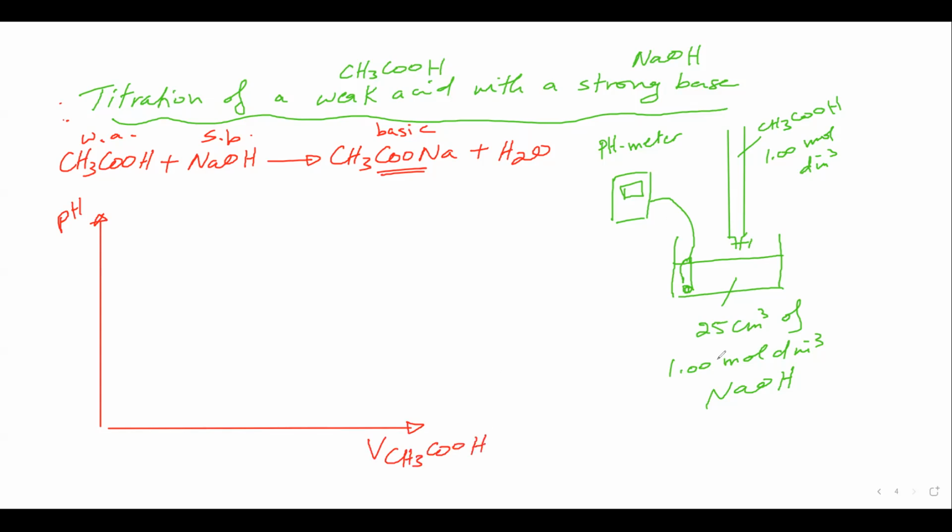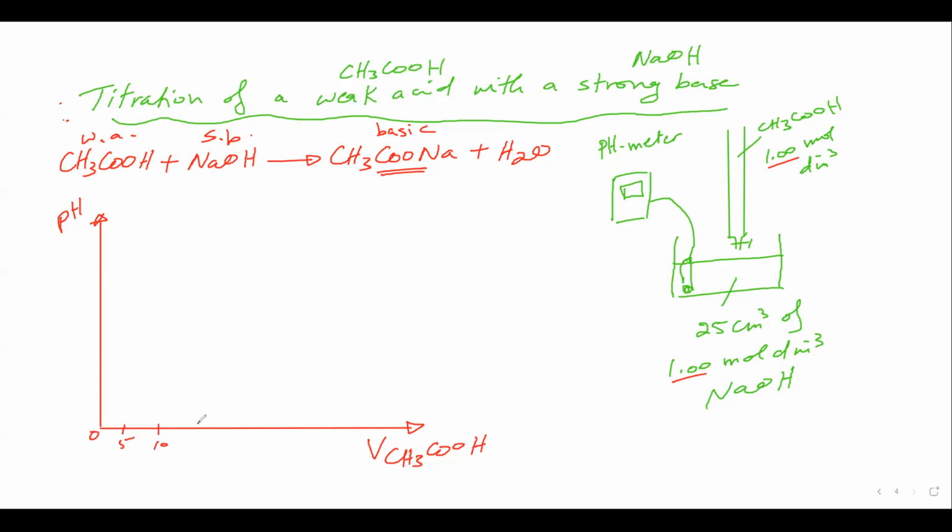And since here we are using the same concentration of sodium hydroxide and ethanoic acid, and as the mole ratio is 1:1, what will be the volume of ethanoic acid required to neutralize the 25 cm³ of sodium hydroxide? It will be 25 cm³. Yes, excellent.